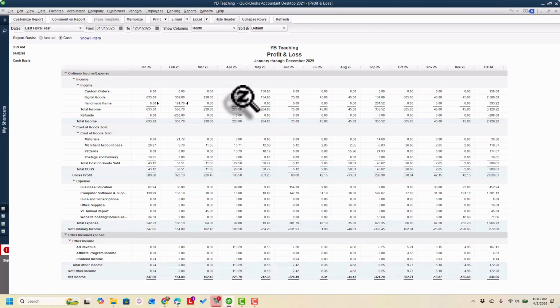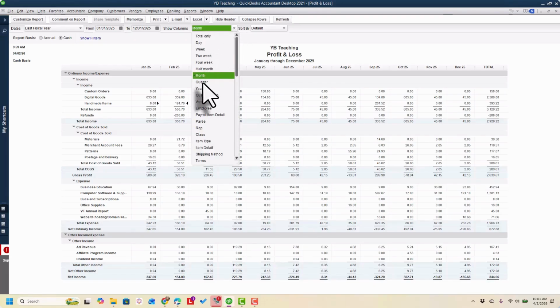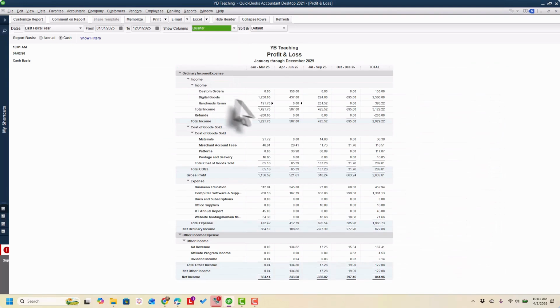I can see my digital goods, and I can see my craft fair sales, okay, from my handmade items. Now, you can usually also change this report to display by quarter, which is very helpful when it comes time to doing your sales and use tax return.